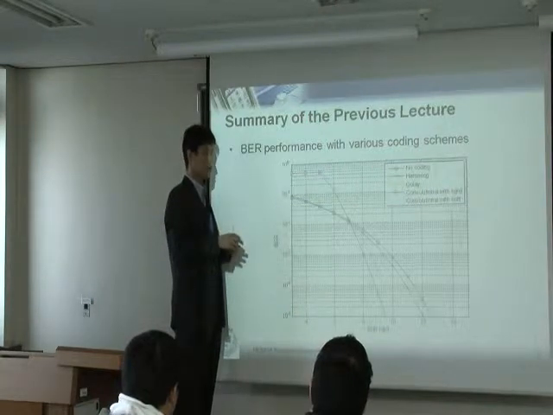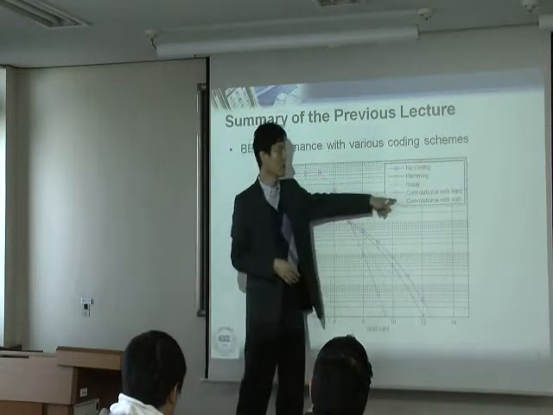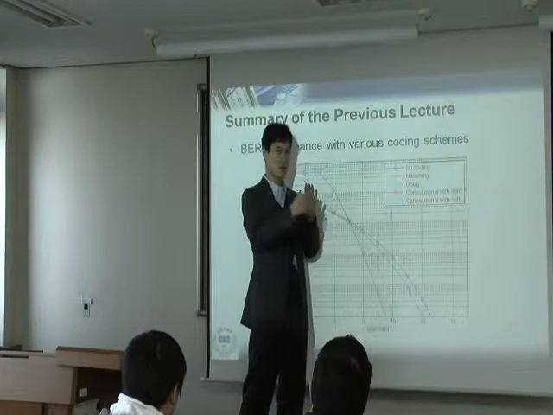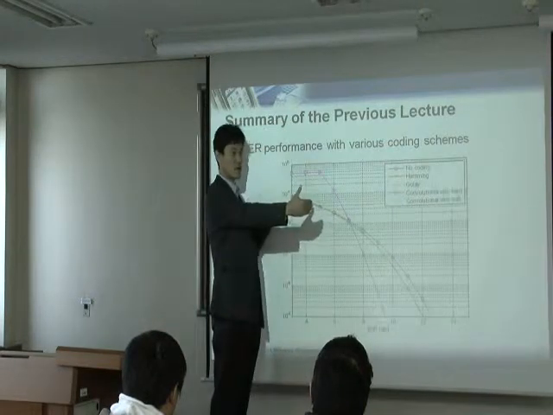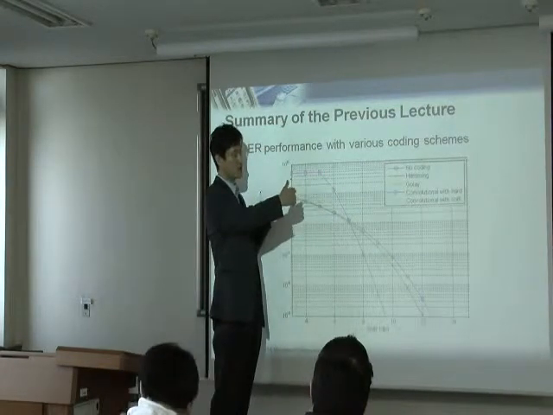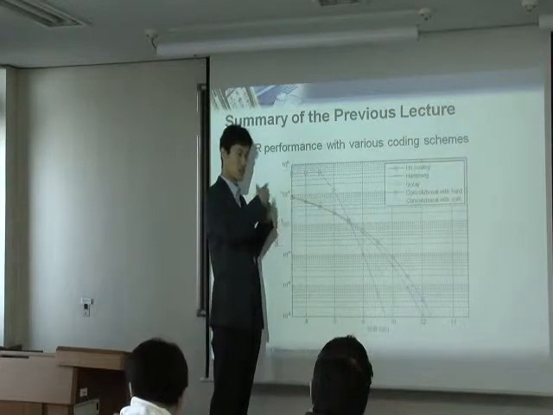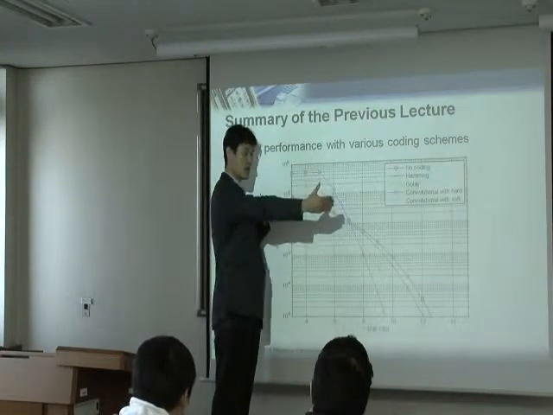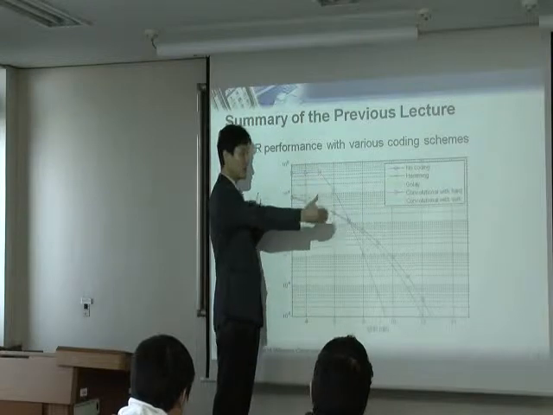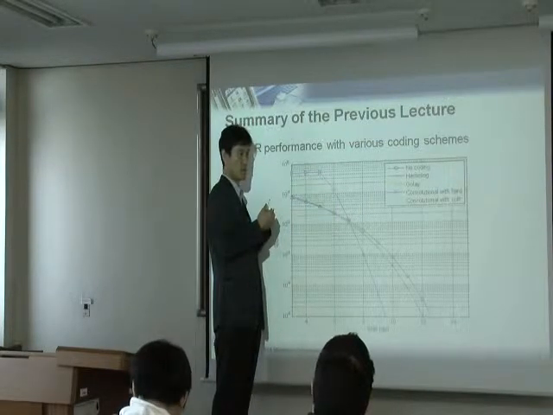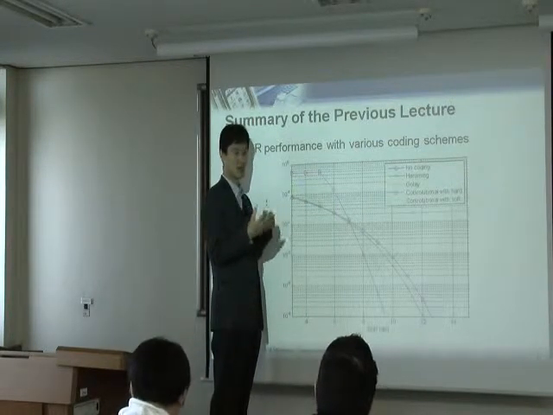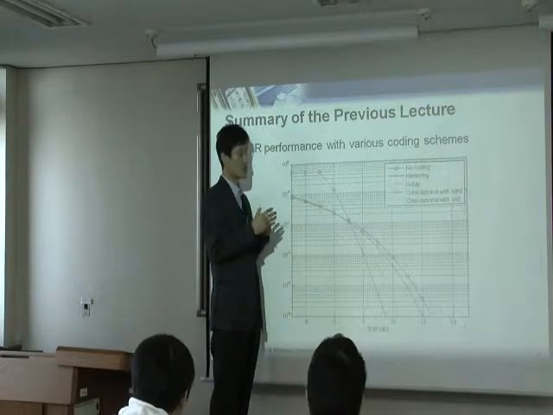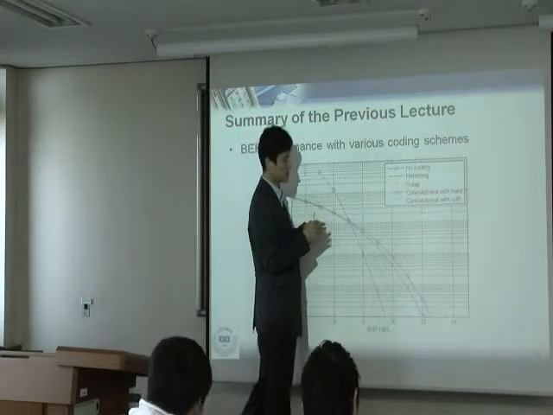But what is more important is that when you implement convolutional coding, there is a depth, because convolutional coding is based on iteration. Making a longer depth basically gives you better performance, which takes a little more delay and computational complexity.